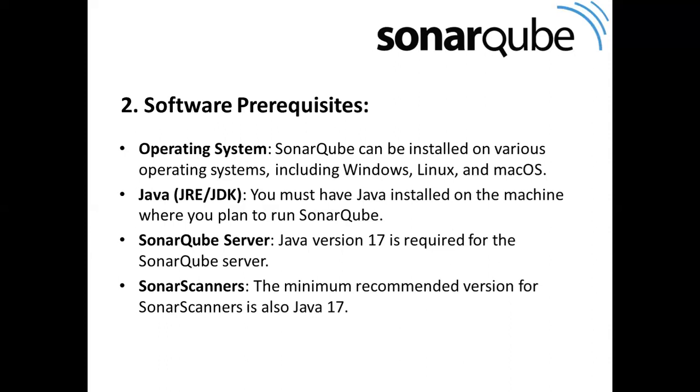Java 11 is deprecated for your Sonar scanner and runtime environments, so it's recommended to avoid using it. Prefer Java version 17 for the SonarQube server. After that, Sonar scanner. The minimum recommended version for Sonar scanner is also Java 17.